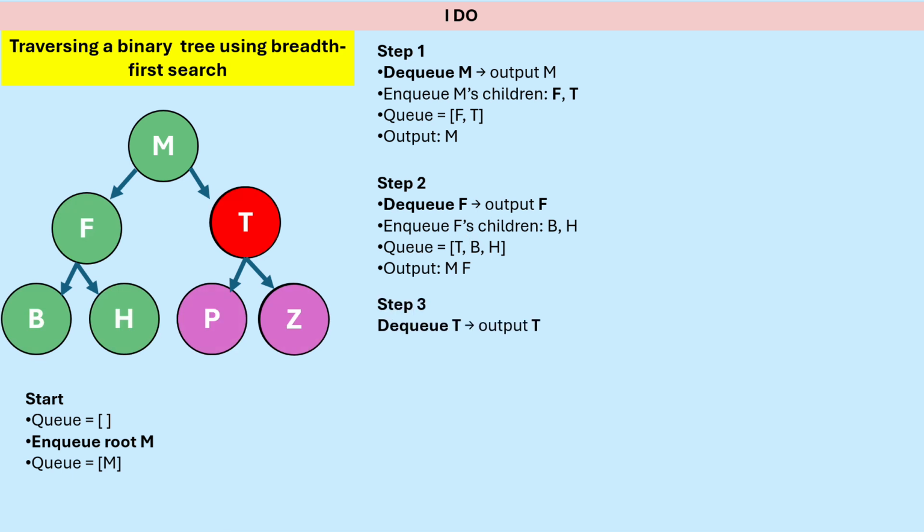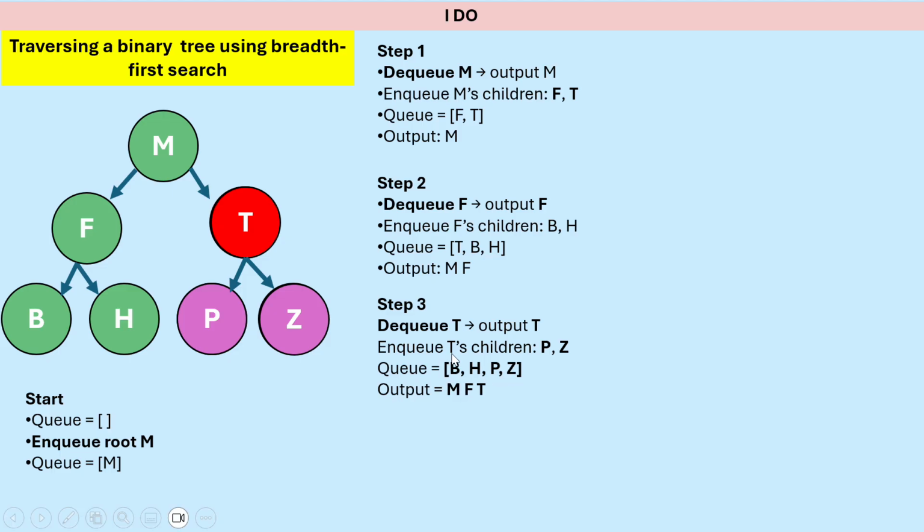We now dequeue T, so T comes out of the queue. Enqueue its children, P and Z. Now if you think about our queue, we've dequeued T, so we had B, H, and we've enqueued P and Z. So we would have in our queue B, H, P, Z. And then we output M, F, T. Every time we dequeue a node, we actually just print it out. And then we'll look back and say, this is our queue, B, H, P, Z.